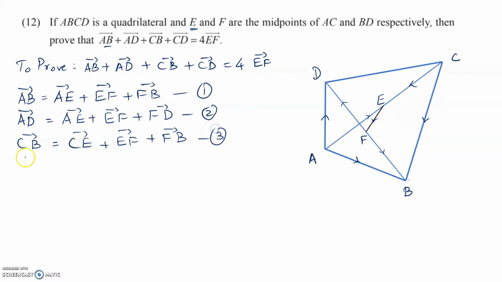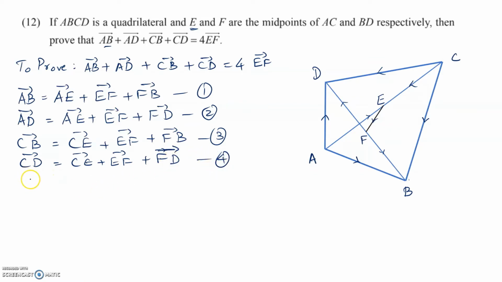This is number 3. Then the last, which is CD vector, can be written as our CE vector plus EF vector plus FD vector. So this is number 4.